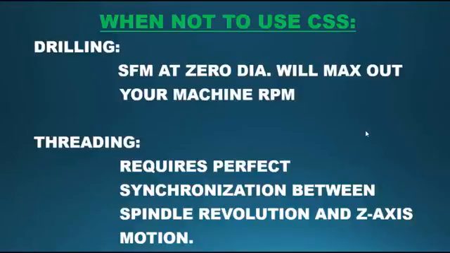So even at 1 surface foot per minute, you would max out your machine RPM. And then there is threading. Threading requires perfect synchronization between spindle revolution and z-axis motion, so it is not capable of maintaining constant surface speed.